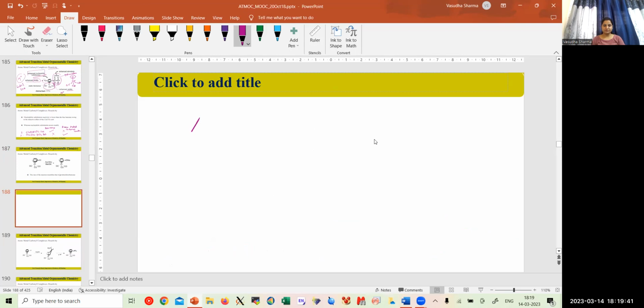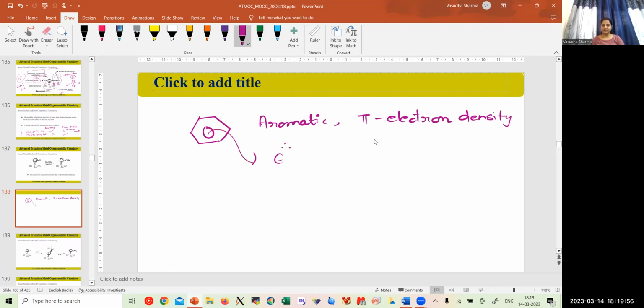So if we have a simple benzene ring, it is a neutral aromatic moiety with pi electron density. So it is already electron rich. Therefore, attack by an electrophile becomes very easy. So electrophilic substitution becomes very feasible.